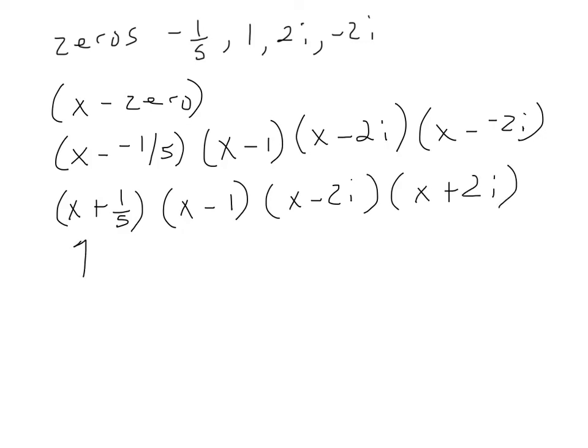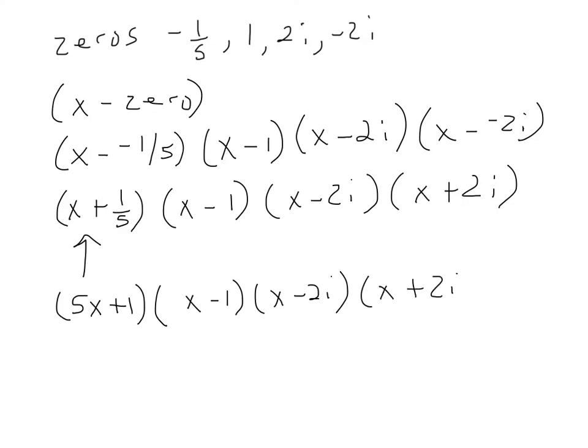Now sometimes with this one here, if we don't want the fraction, what we do is we multiply everything by 5. And so what we have here is 5x plus 1 times x minus 1 times x minus 2i times x plus 2i.